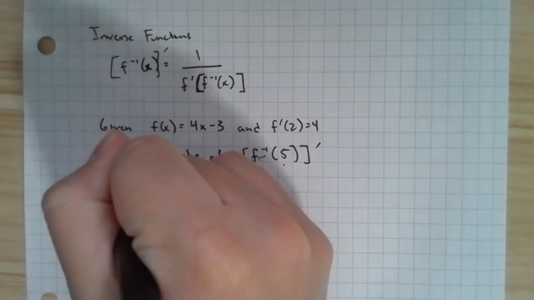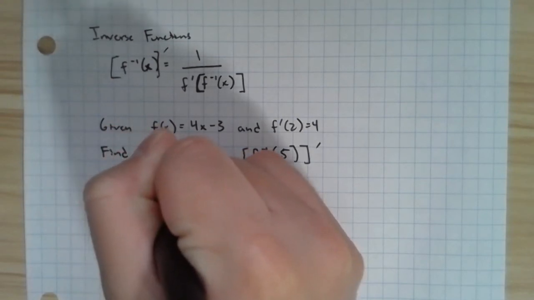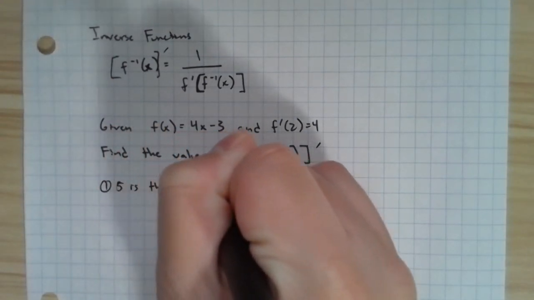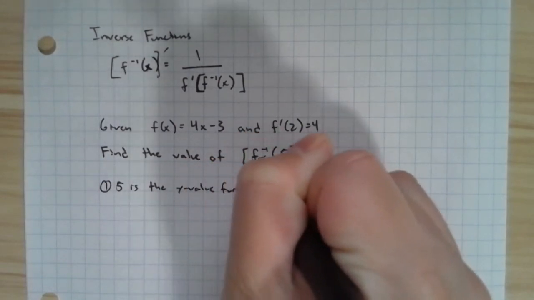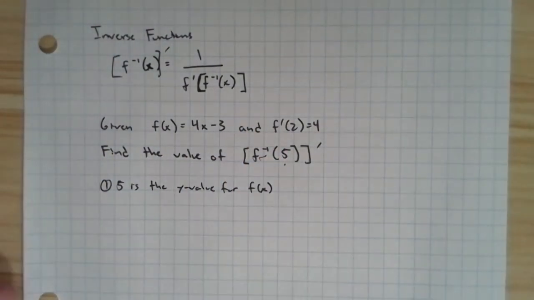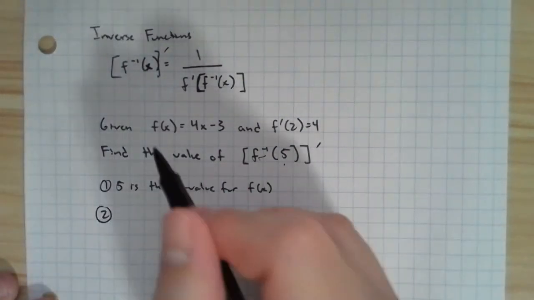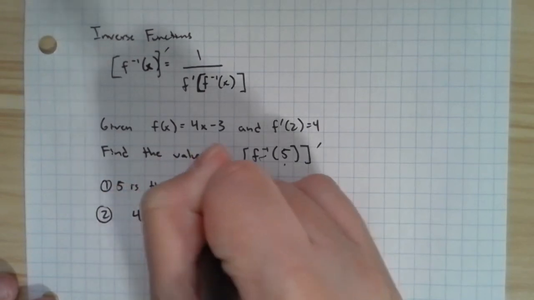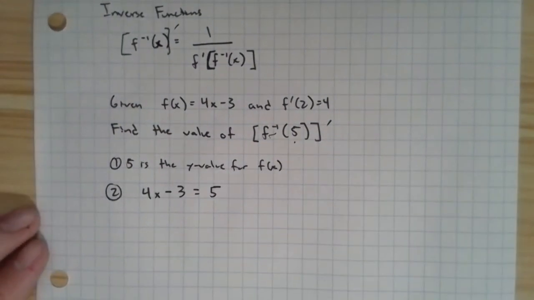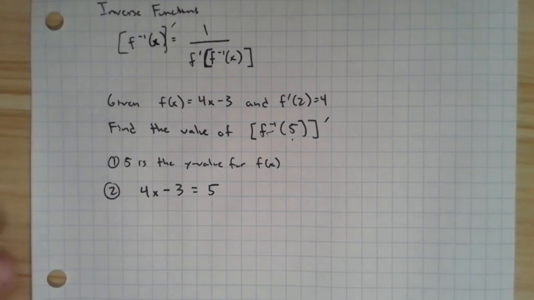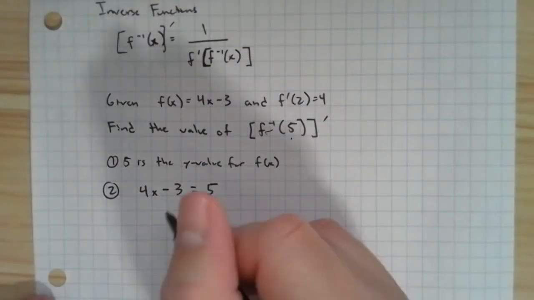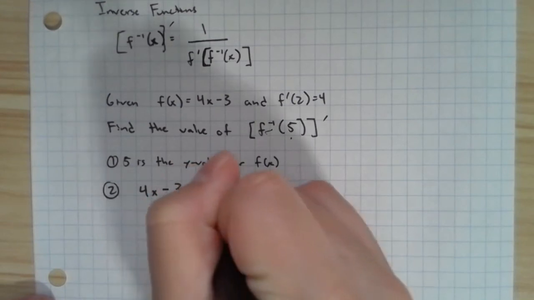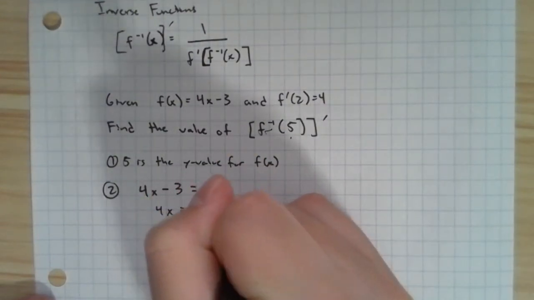So the first step would be: 5 is the y value for f of x. Again, you switch the x and the y. So already having f of x, if that's the y value, you can set it equal to 5. If I solve for x here, 4x is equal to 8, x is equal to 2.